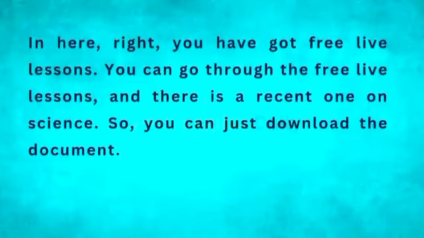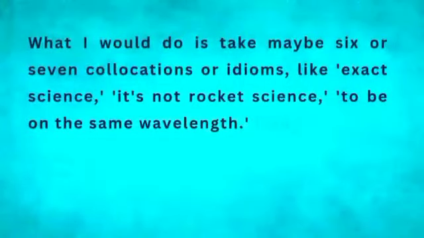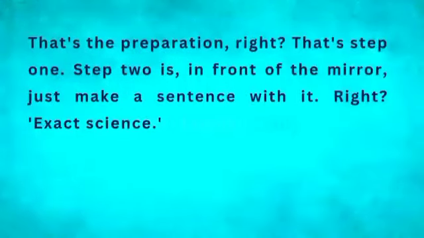So you can just download the document, and then find in there all the collocations. Look, you've got the notes here, and here you've got collocations, you've got idioms, you've got loads of stuff. What I would do is take maybe 6 or 7 collocations or idioms like exact science, it's not rocket science, to be on the same wavelength. That's the preparation, right? That's step 1.